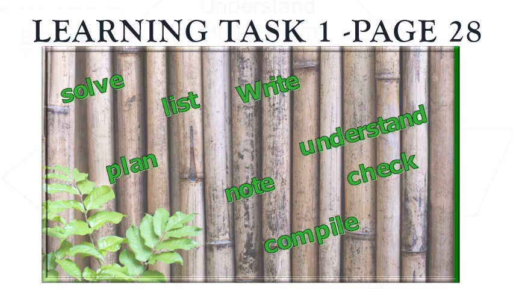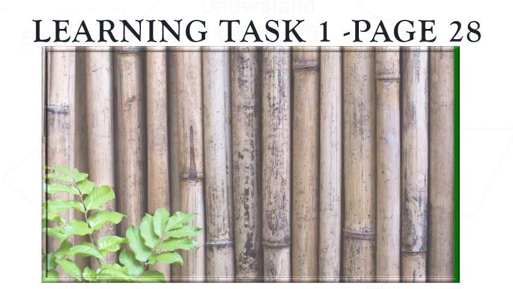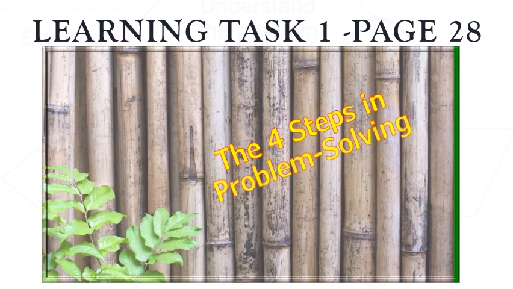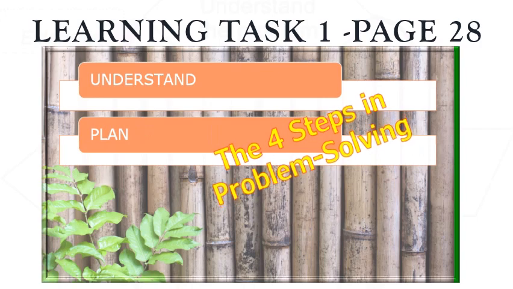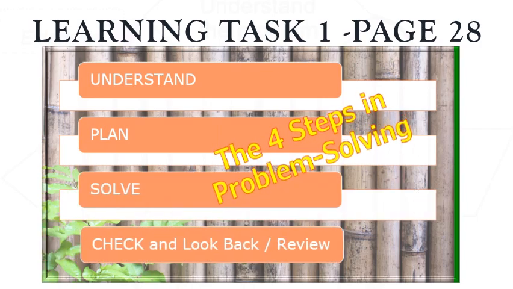Time's up. See if your answer is correct. The one with the blinking lines are the correct answer. Remember, in answering word problems you need to understand, plan, solve, and check.